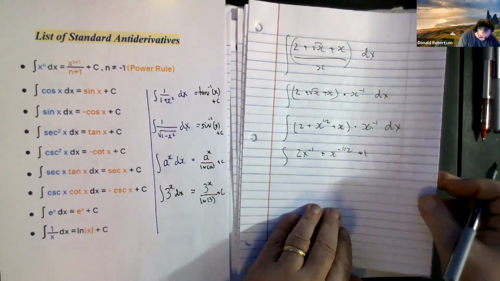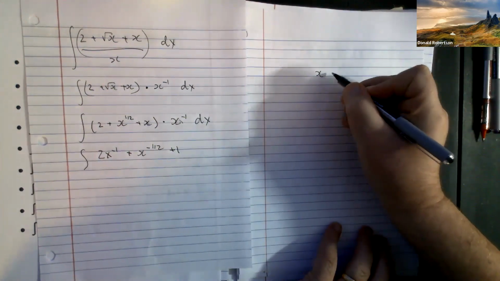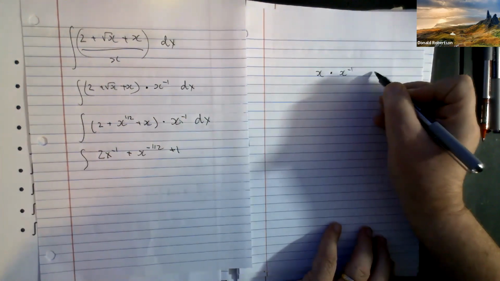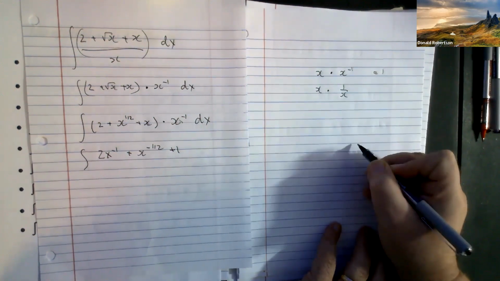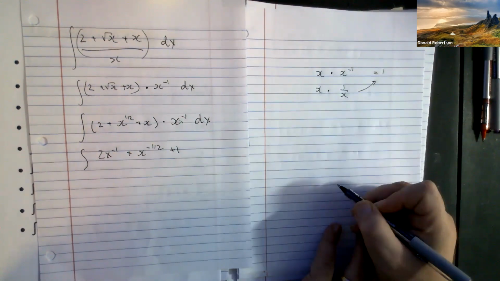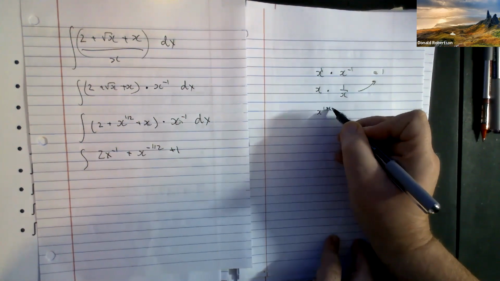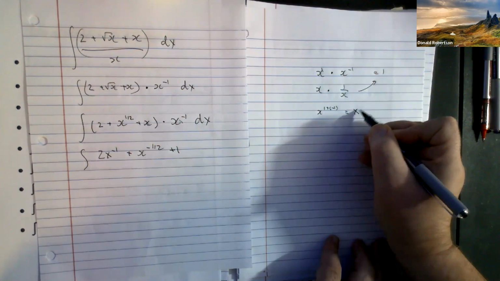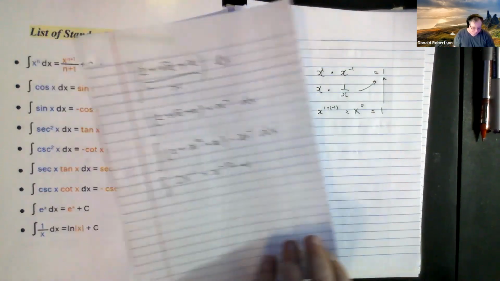And if you kind of want to see how you get that, there are different ways of looking at it. I'm trying to convince you that that is 1. Couldn't we just call it x times 1 over x? You see that's 1. Another way of looking at it is 1 plus -1, right? Add the powers, x to the 0. Well, x to the 0 gets you 1. You get 1.